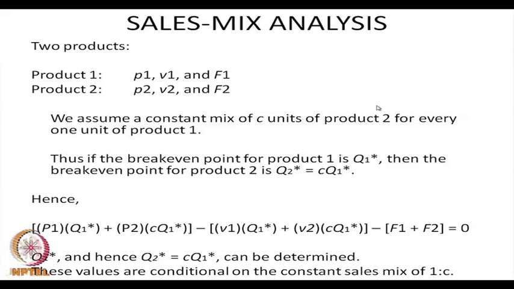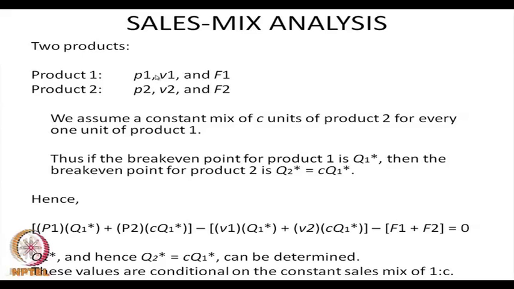It means, suppose the company produces 10 items of product 1 and suppose that C is equal to 5, then 50 items of product 2 will be produced.